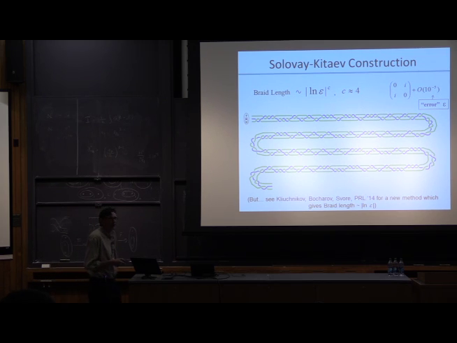A new, very clever method, which amazingly enough seems to only work for Fibonacci anyons, at least so far, allows one to actually improve the scaling so that the braid length grows as log epsilon. But polylogarithmic is good enough from the point of view of quantum computing. So as the problem you want to solve gets bigger and bigger, the braid length is going to get bigger and bigger, but only logarithmically. Okay.